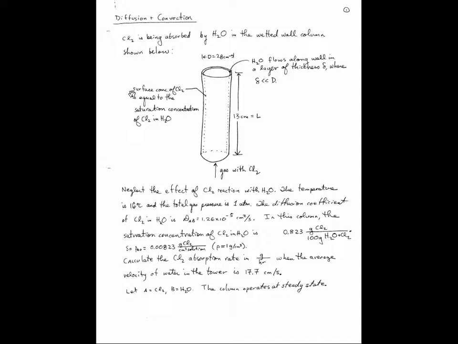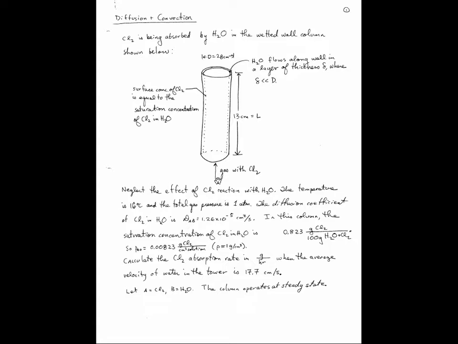We'll start with a problem that we've already looked at in terms of a brief analysis, and that's a wetted wall column. Essentially we have in this example a tube, and I'll make it in this case 13 centimeters long and 2.8 centimeters wide.